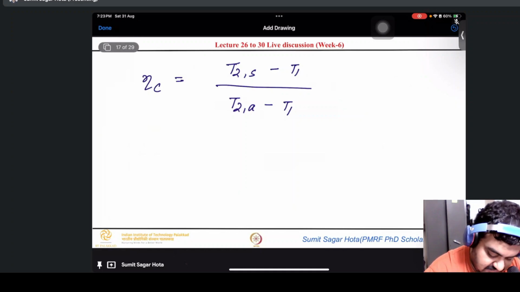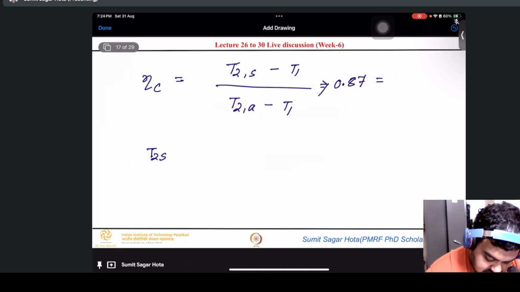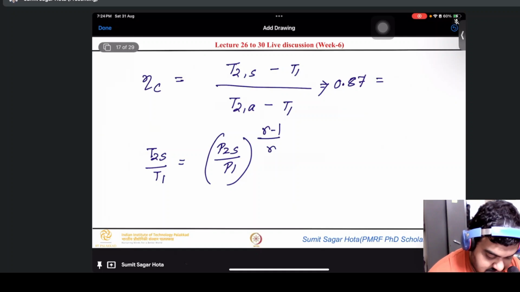So what is the isentropic efficiency? 0.87 is equal to T2 isentropic, we don't know, but you know that T2s by T1 is equal to P2s by P1 to the power gamma minus 1 by gamma.